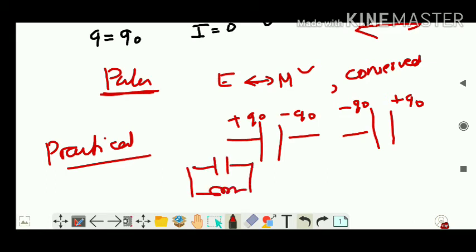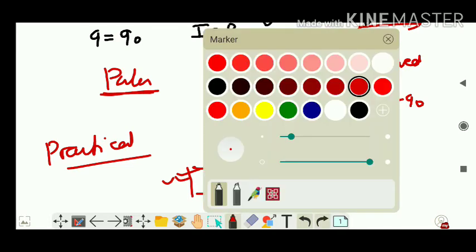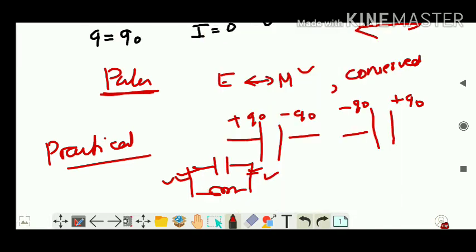Connection means you are using wires. This wire will have its own resistance, so there will be some energy loss in the wires. So not all the magnetic energy and electric energy are converted between each other. Some of them are lost. Hence, I cannot say energy is conserved in the case of practical LC circuits.